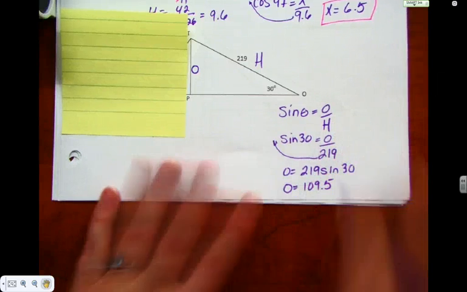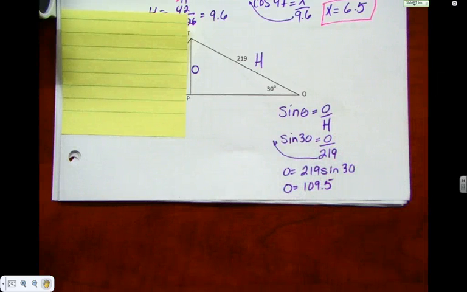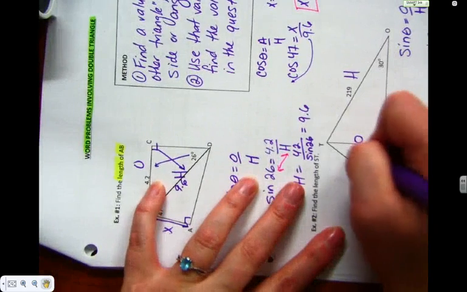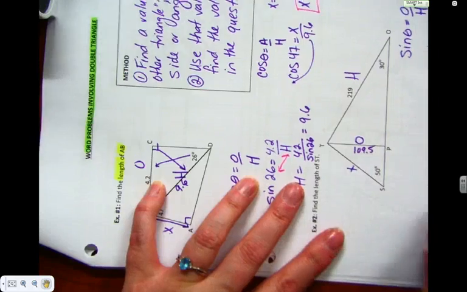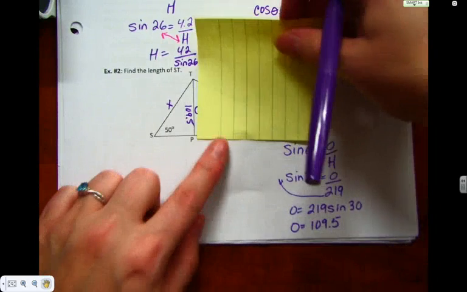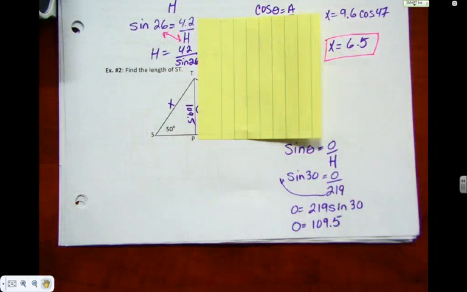Offer of 109.5, looking for confirmation. Yeah. Okay, so let's label that 109.5. Okay, so in the triangle on the left, 109.5 is which side?